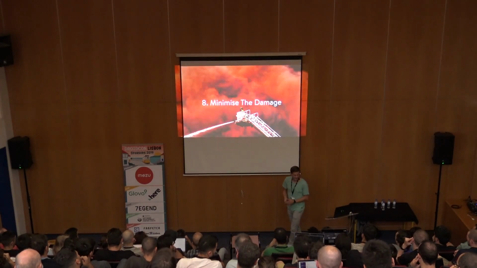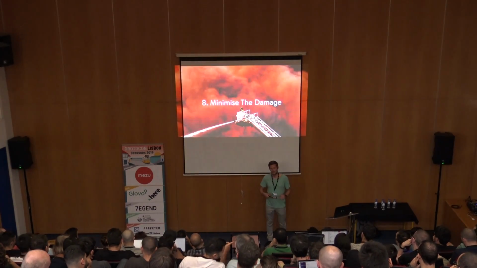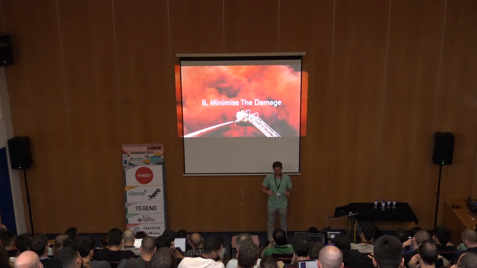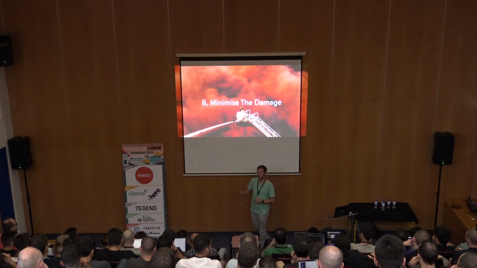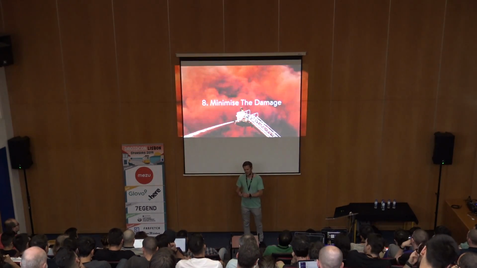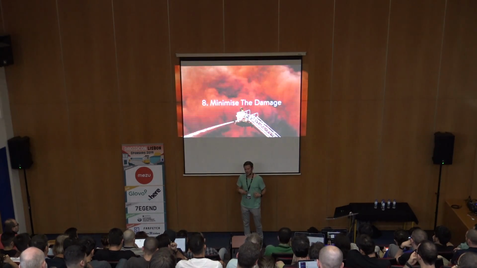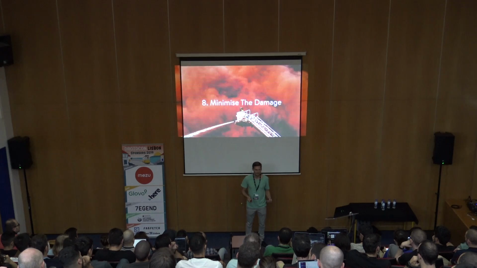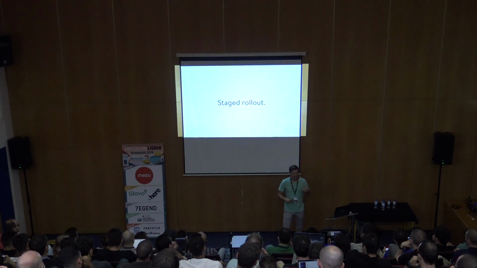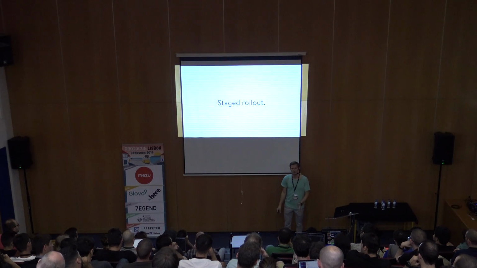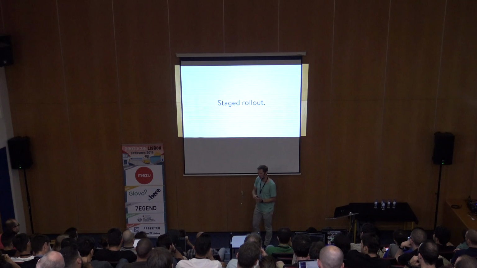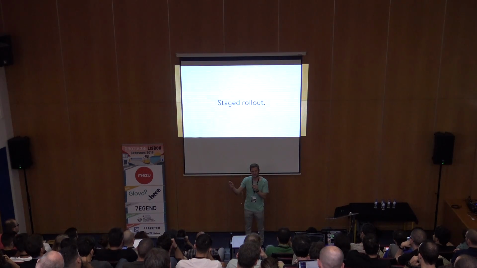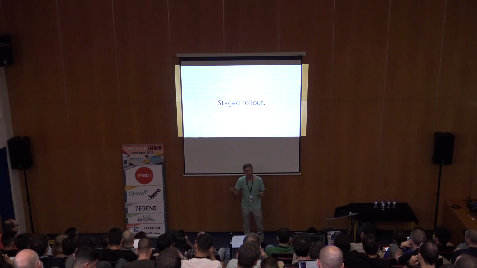The next thing is minimize the damage. So especially when you're in the phase where you have the risky coding part, you still got a really bad stomach, and you say like, okay, maybe if I release it, there could be some problems. So the simplest thing that you can do is a staged rollout. On the Google Play console, you basically can just say, when I release this, I just release it to, I don't know, 1% of my user base.